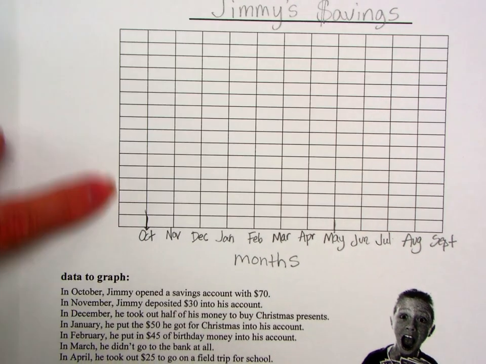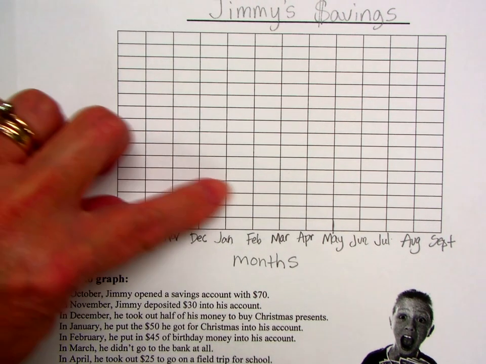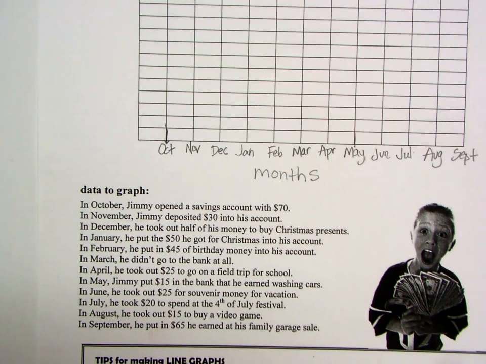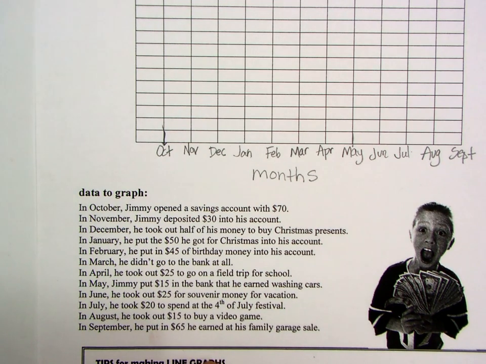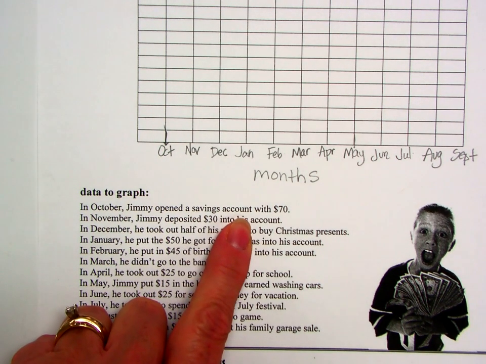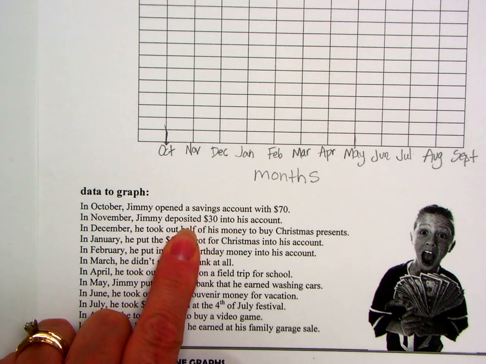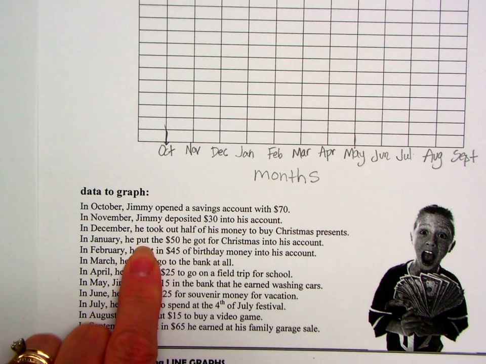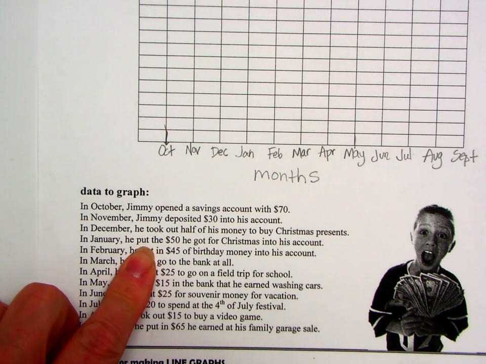Now, up the side, we're going to figure out what we're going to measure each of these months. And what we're going to measure is what we can find out in these sentences, which is all about his savings account that he opened at the bank and putting money in, which is called a deposit, and taking money out, which is called a withdrawal, of his savings account each month.